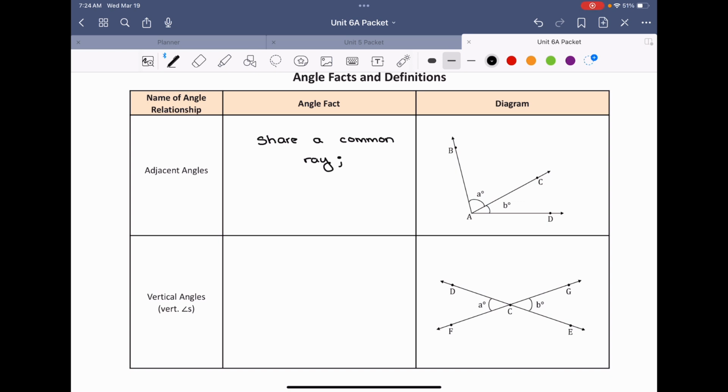In other words, they are next to each other. And this is the one angle relationship that doesn't really give us any information about how to solve for an angle, but it's just important to know that adjacent means next to each other. So we see that they share this ray here. They're right next to each other.